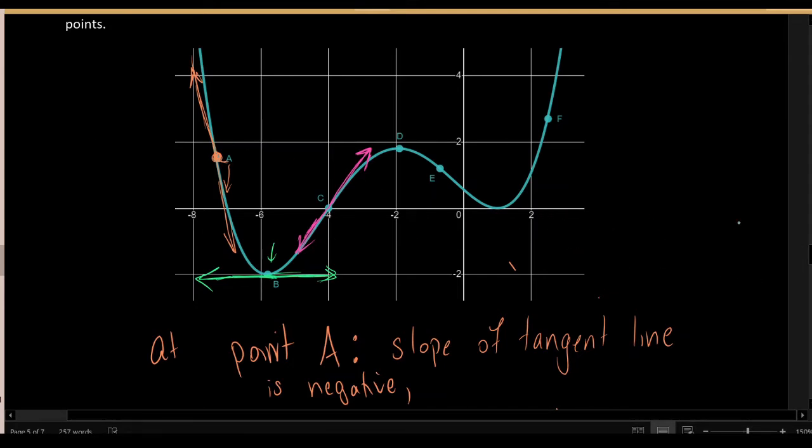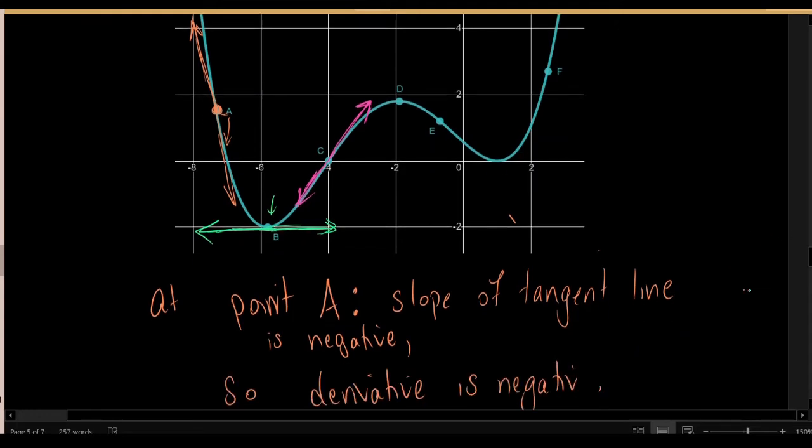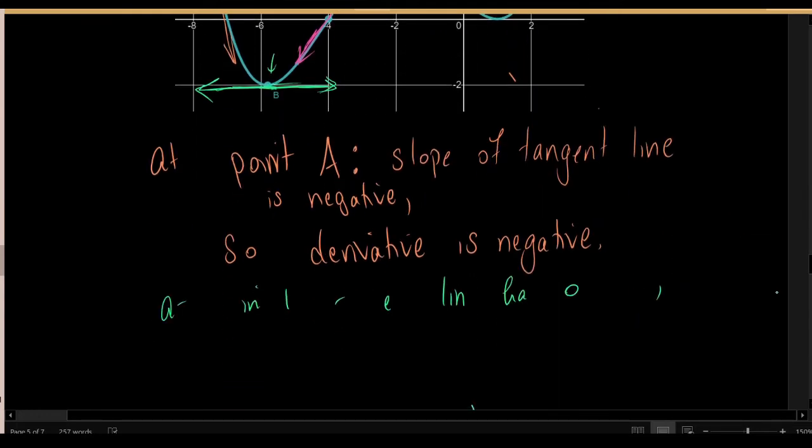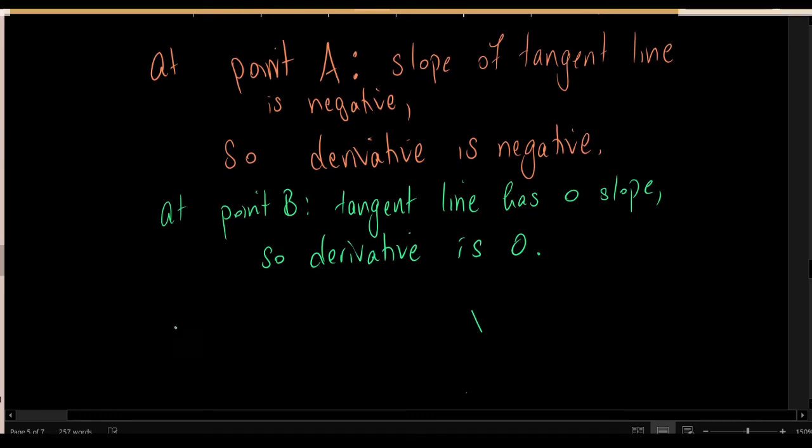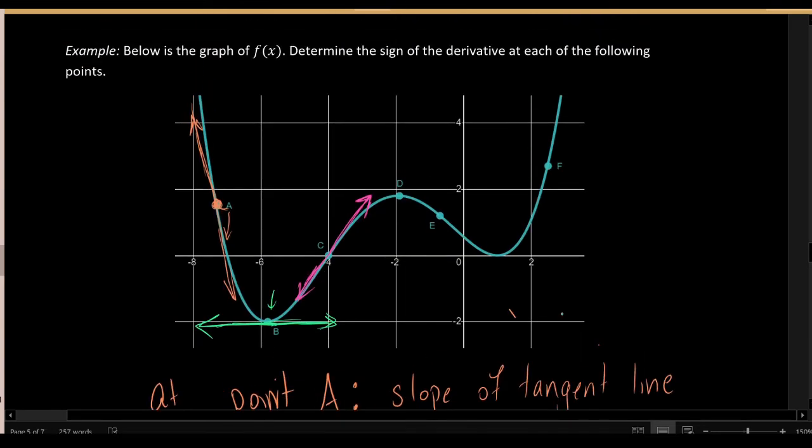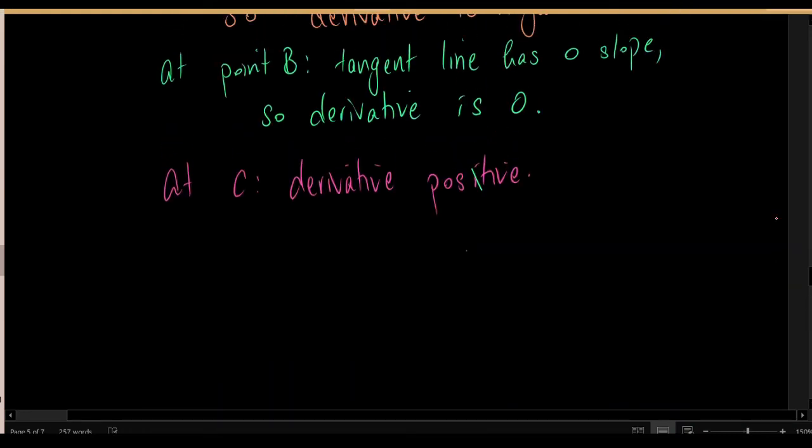So the tangent line has positive slope, and therefore the derivative is positive at C. At the point D, once again, we're at a location where the graph is flattened off, which means that the tangent line is going to be horizontal. At the point D, the derivative will be 0.